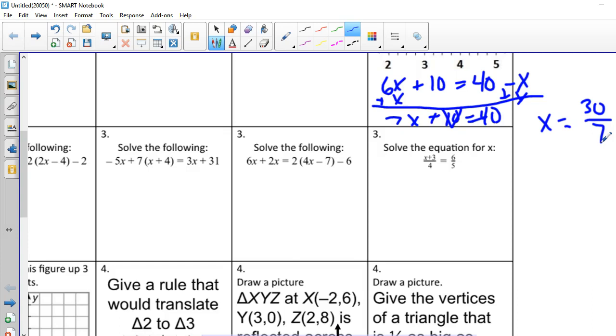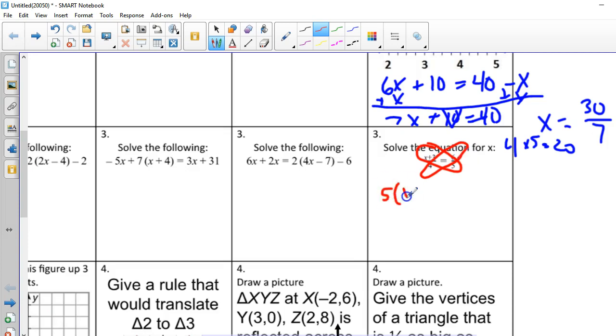Number 3 is a special case. You have x plus 3 over 4 is equal to 6 over 5. Now, you can find the least common multiple of 4 and 5, which is actually 20, and multiply both sides by 20. Or you can cross multiply and get rid of your fractions. So I'm going to cross multiply. I'm going to multiply x plus 3 times 5 and 4 times 6.